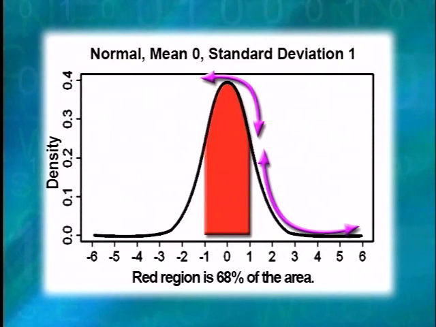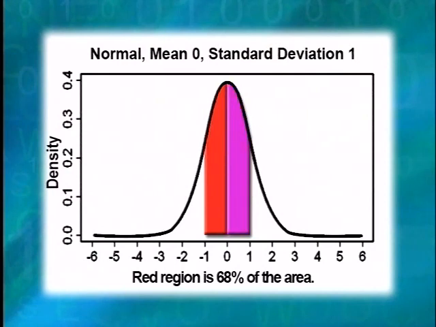Any normal distribution will have the property that a certain fraction of the area under the curve lies within 1 standard deviation away from the mean. In other words, no matter what normal curve you have, the amount of material between 1 standard deviation on the plus side of the mean and 1 standard deviation on the negative side of the mean is equal to 68% of the area under the curve.